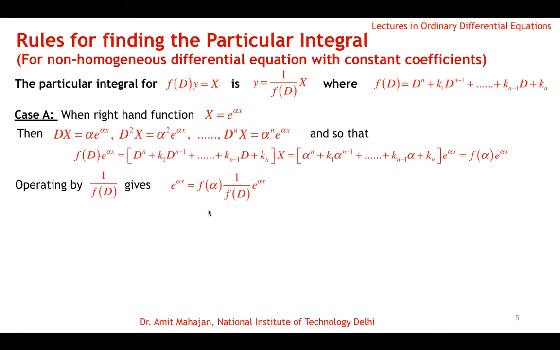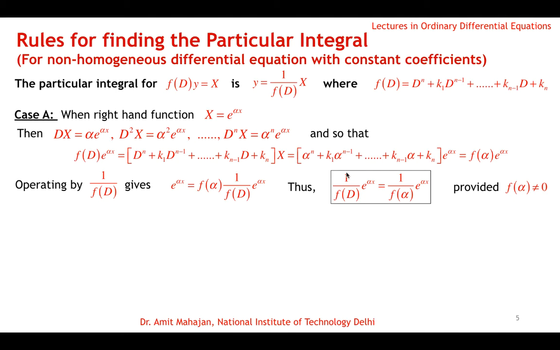Because on the left hand side 1 by f(D) becomes 1, and here f alpha goes outside. If f alpha is non-zero, then I can divide by it, and I will have 1 by f(D) e power alpha x is 1 by f alpha e power alpha x, which will be true only if f alpha is non-zero. So this is one result.